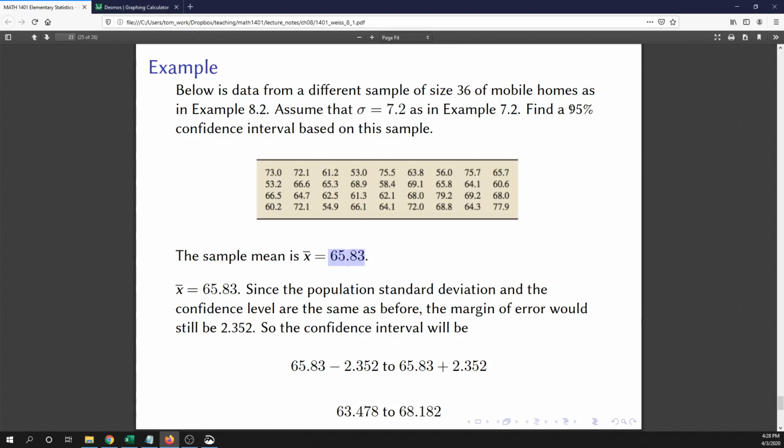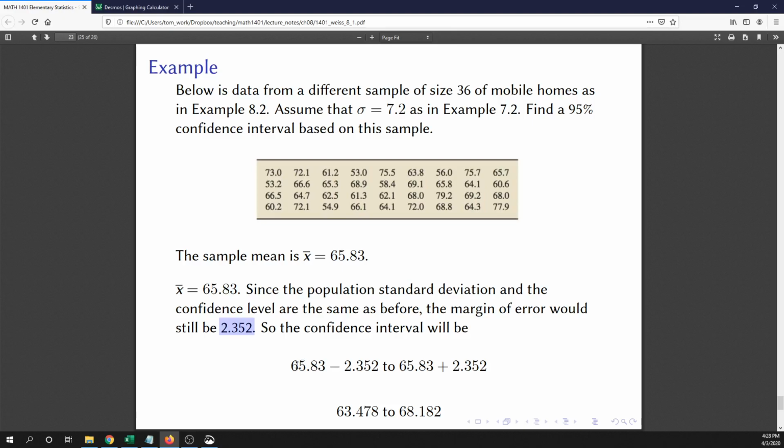So for a different sample, the mean is probably going to be different. If we're doing a 95% confidence interval and the rest of this stuff is the same, in other words, the population standard deviation is the same as the previous example and the sample size is exactly the same, then the margin of error is going to be exactly the same, 2.352.